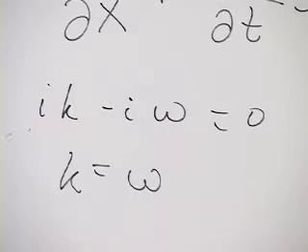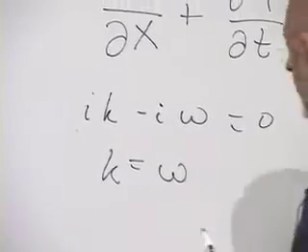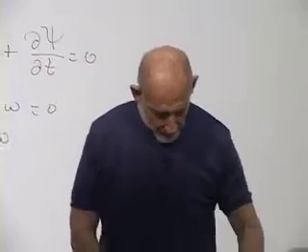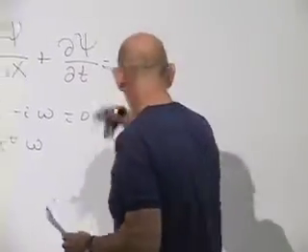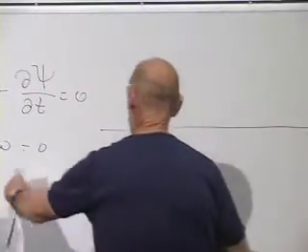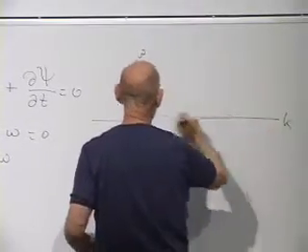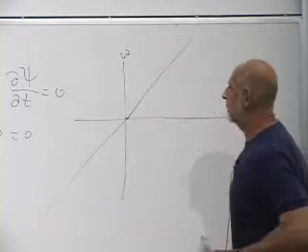It moves to the right, but now, in general, there are two possibilities. We can plot this relationship, omega versus k, and it's just a straight line. I've actually left out the speed of light.